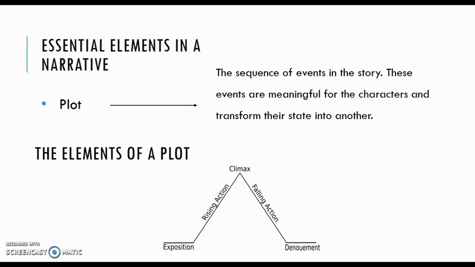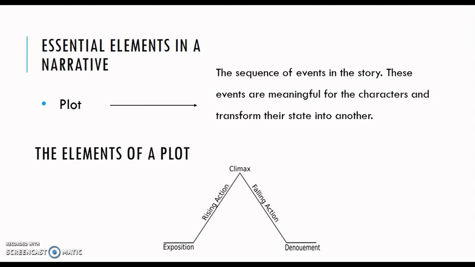Then, the rising actions are all the happenings or turning points that may help the characters reach or not reach their goal in the story. And that leads us to the climax. This climax is the completion or the lack of success that the characters may have during the story.